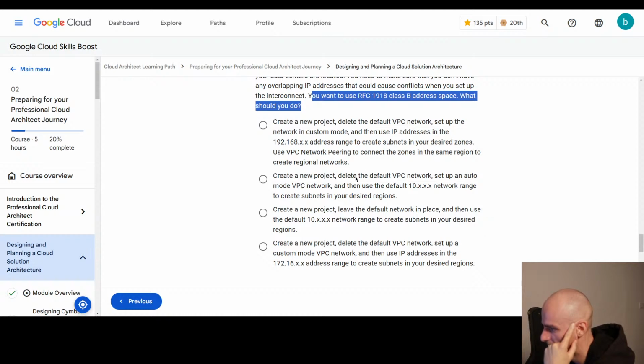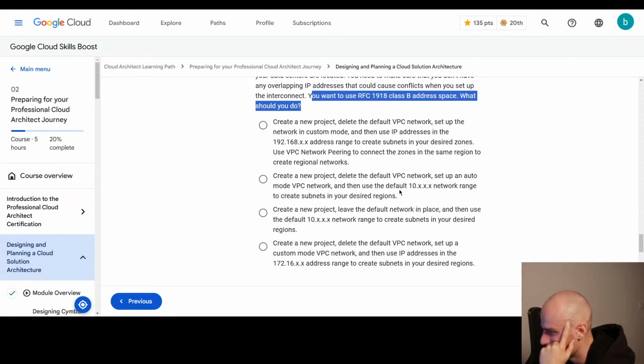Delete the default VPC network, or leave it in place. Then set up the network in custom mode, or set up an auto mode VPC network. And then use IP addresses in the given address range to create subnets in your desired zones.